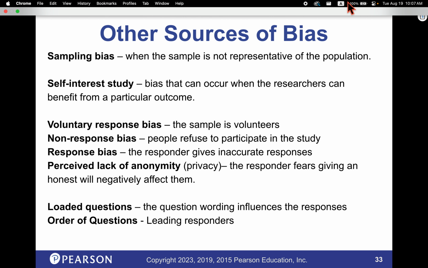If you change the order, you might get different responses. So there's a whole science on setting up surveys to try to avoid leading questions, loaded questions, and also looking at the order that the questions are being asked in. So all those create different situations.